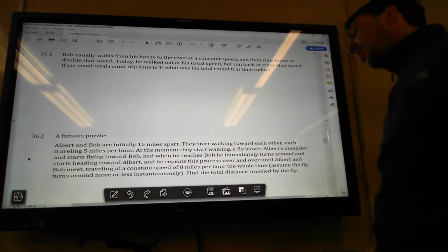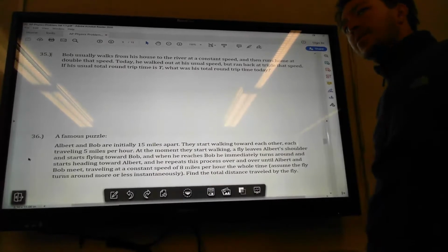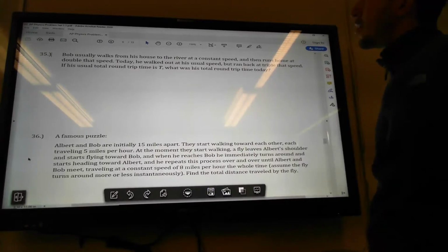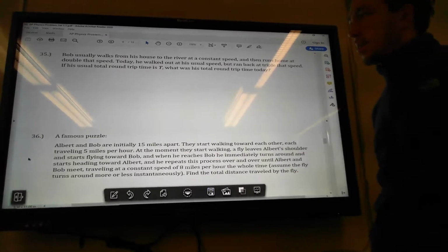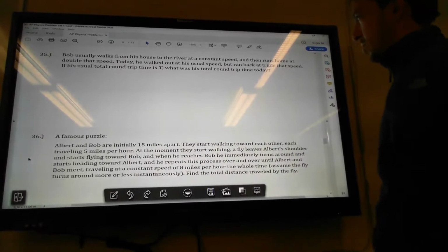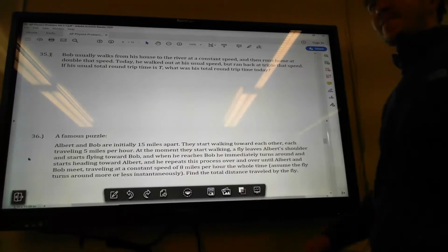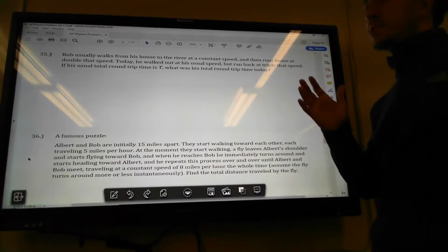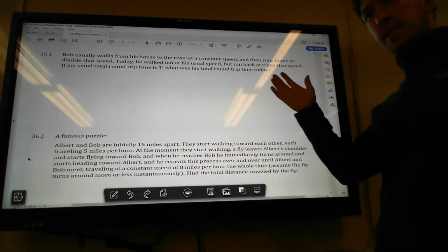So I want to show a method that will come up a lot in this class: if you're not really sure how to proceed, sometimes it helps to just make up values and see what happens. I hope you'd agree that the way this question is phrased, it's like we have no information, right? We don't know how far away his house is, that kind of thing. So let's try making up some information, see what the answer is, and then compare.